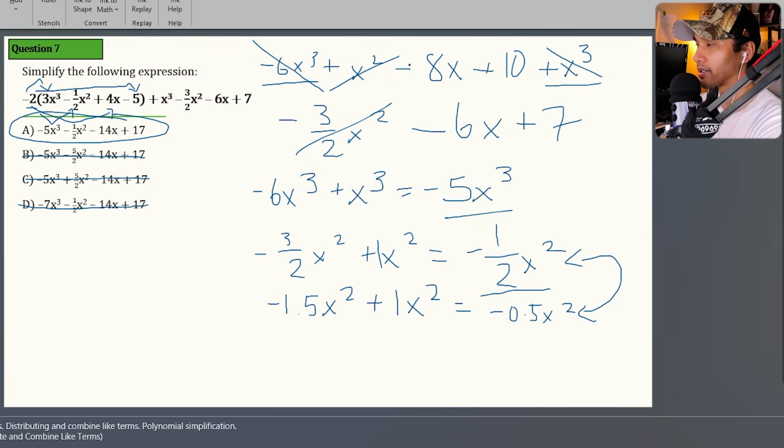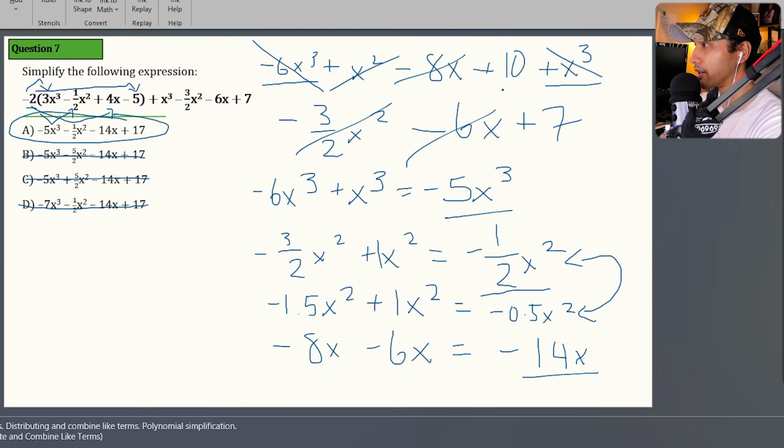complete simplifying. So next is our x terms, negative 8x minus 6x. That equals negative 14x. I'm going to underline that too. And then let me cross this out from here. Then we have 10 plus 7 equals 17.